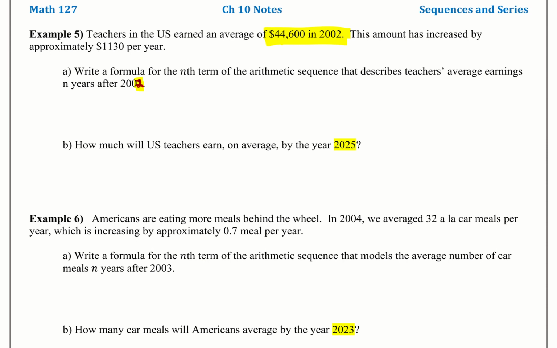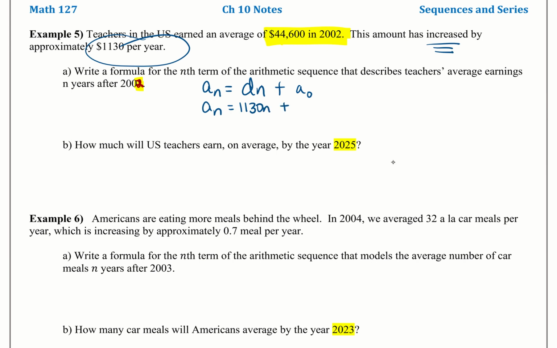Okay, so a sub n, again, could be found by doing dn plus a sub 0. That's the way I do it. So a sub n is d. The common difference is how much we're changing by. It's increased, so it's a positive common difference of 1,130n.